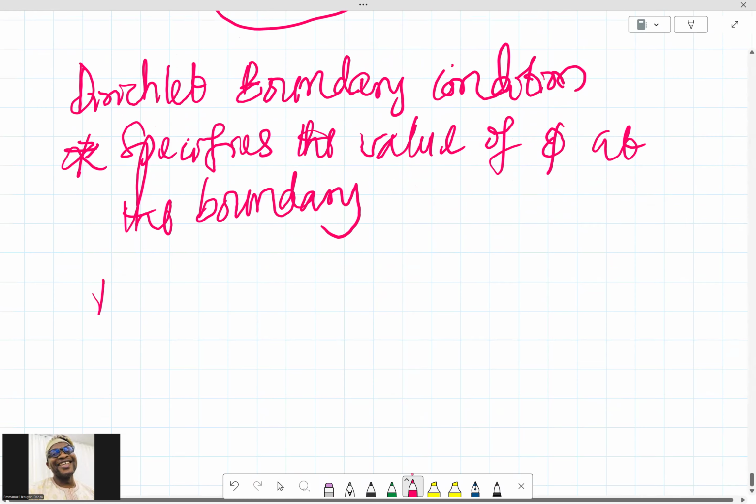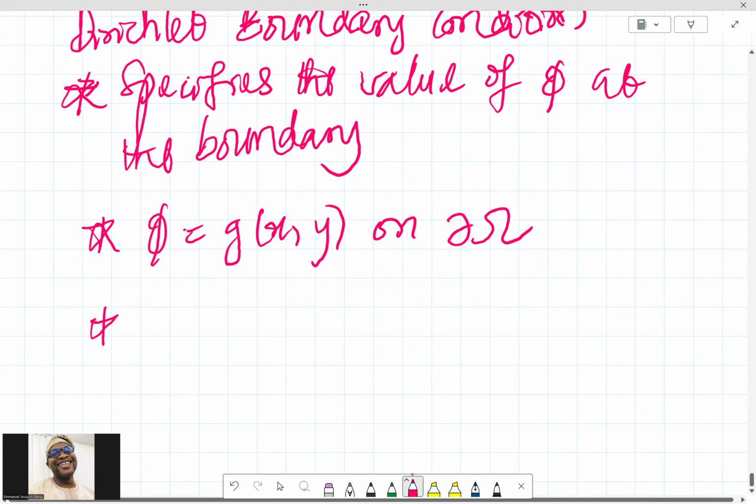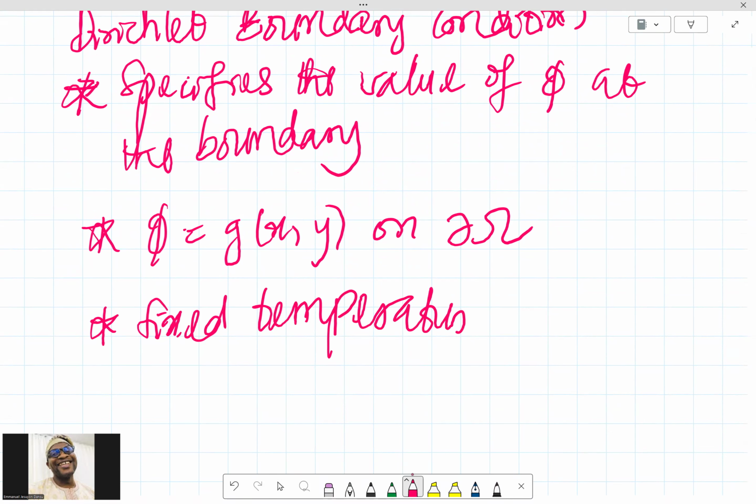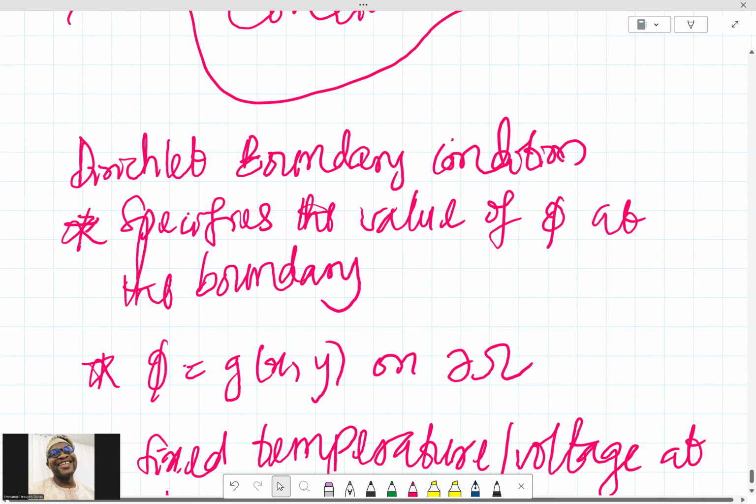Then another thing is that the mathematical form is phi equals g of x comma y on the space. Then next it talks about fixed temperature or voltage at boundary. Okay, that's for Dirichlet in summary.